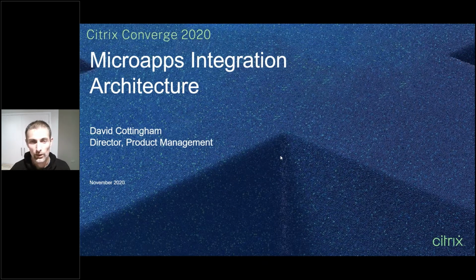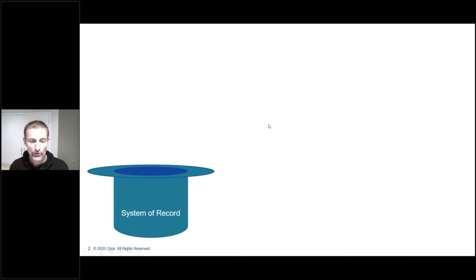Now let's see if this works. So jumping straight in, we hope. Here is a thing called a system of record. System of record might be Salesforce, it might be Concur, it might be some weird legacy thing that's sitting on somebody's desk at the office. That's fine.